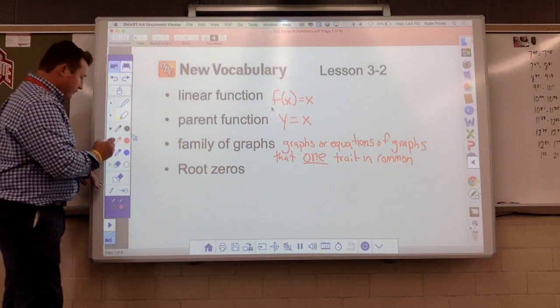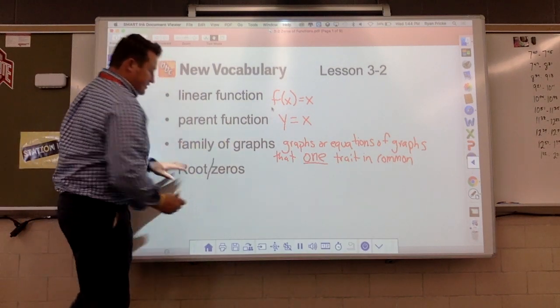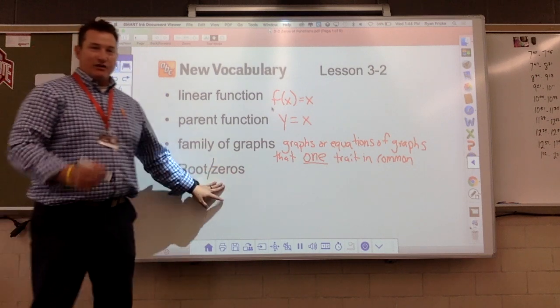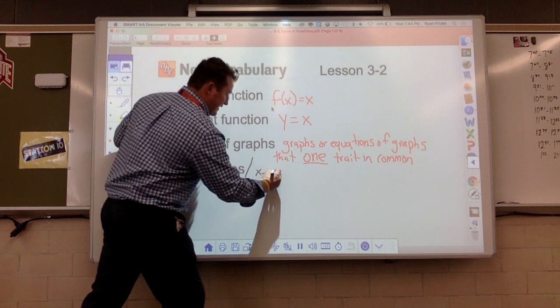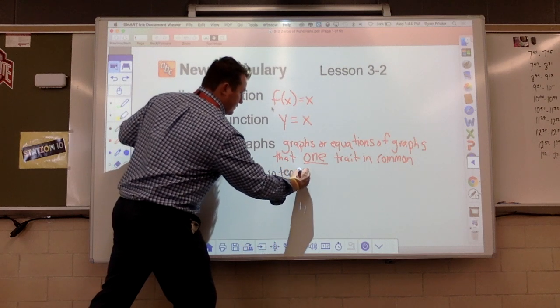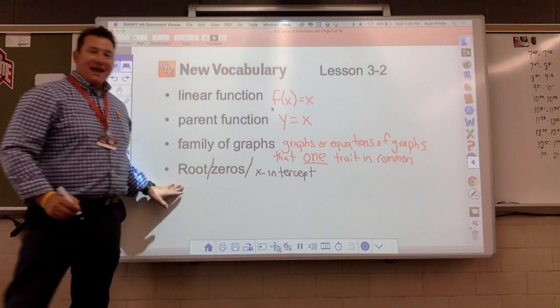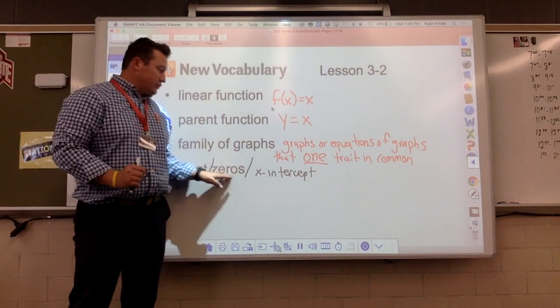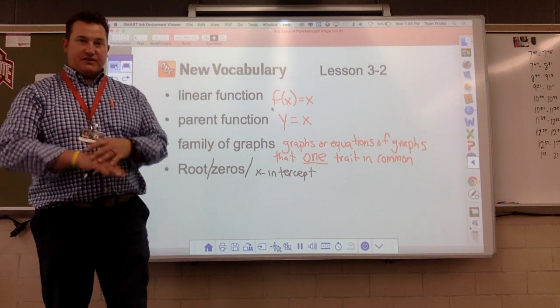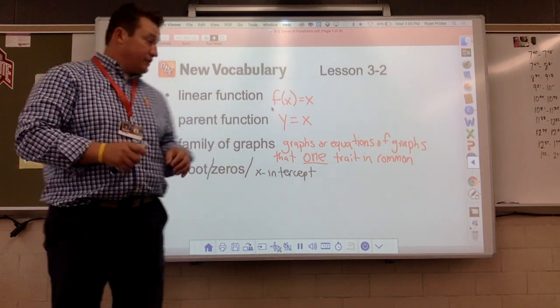Root or zero, right? These are really 2 separate words. So root, zero, I'm going to add a third one in here. Watch this, guys. X-intercept. Okay? These are all the same thing. These are all synonyms for each other. Roots, zeros, x-intercepts. These are all what we call solutions, right?